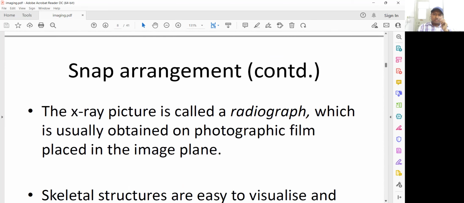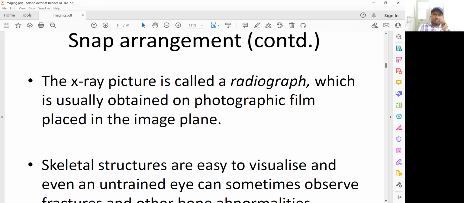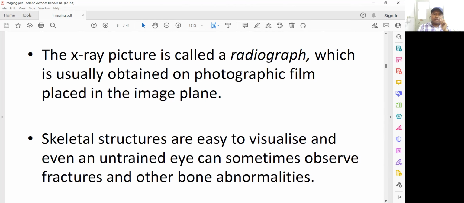Now, the X-ray picture is called a radiograph, which is usually obtained on a photographic film placed in the image plane. The skeletal structures are easy to visualize, and even an untrained eye can sometimes observe a fracture and other bone abnormalities.